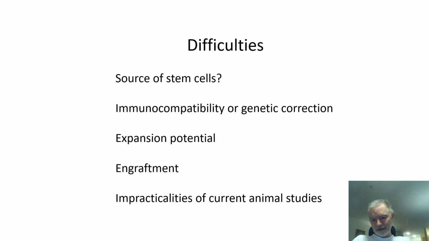function as satellite cells. Now, there have been some animal studies that have shown promise that we can give an animal with a muscle disease an injection of stem cells and get them to produce the protein that their muscles didn't have before.